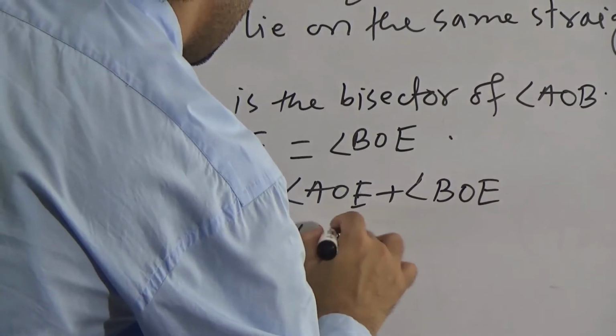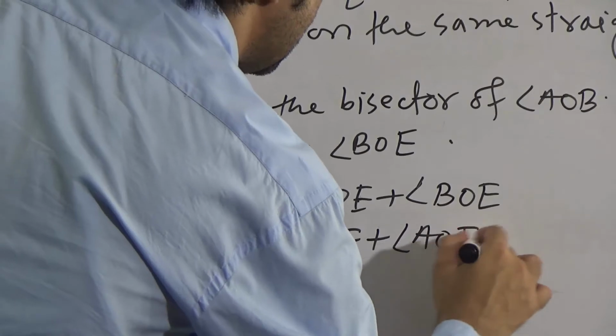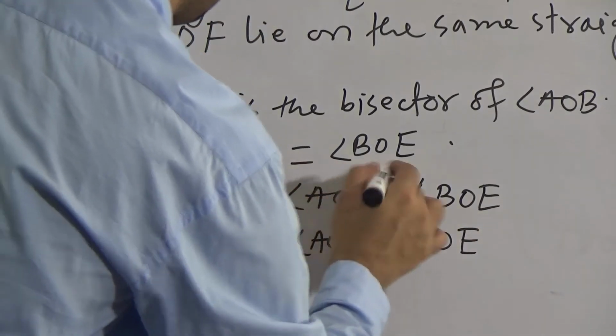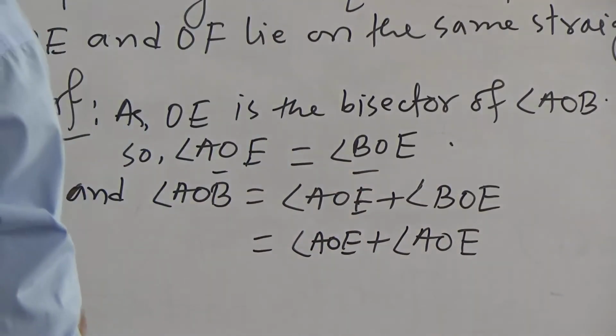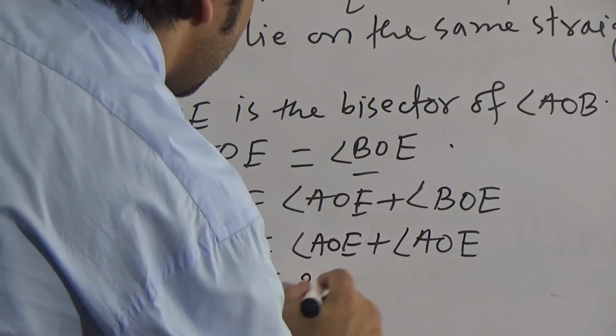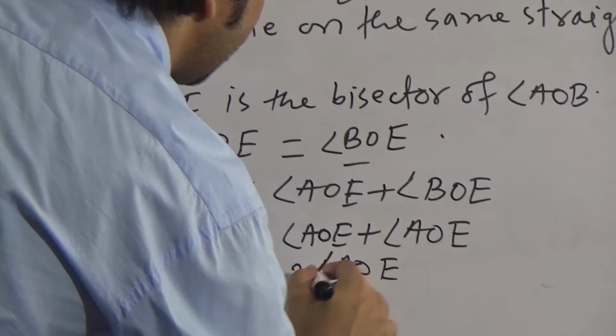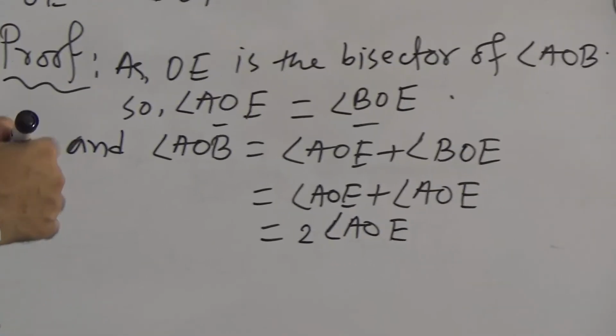Angle AOE plus angle AOE, as angle AOE and BOE are equal. So this means 2 angle AOE. If we add these two angles, we will get 2 into angle AOE.